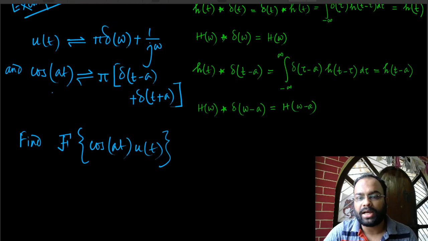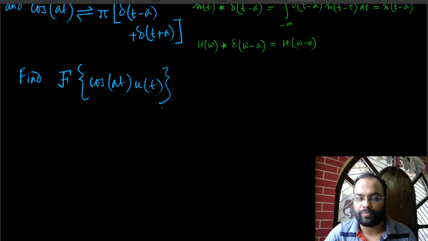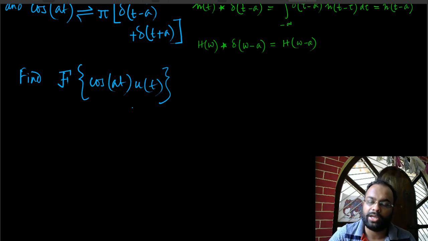So this was the Fourier transform of non-causal cosine, and this is the Fourier transform of the unit step. I am trying to find the Fourier transform of the causal cosine, where for time less than 0 the value of the signal is 0, and when time is greater than 0, the value is equal to cos at, right?